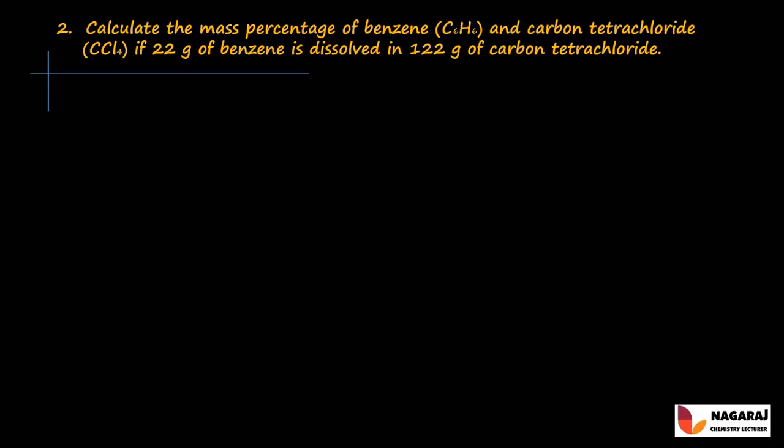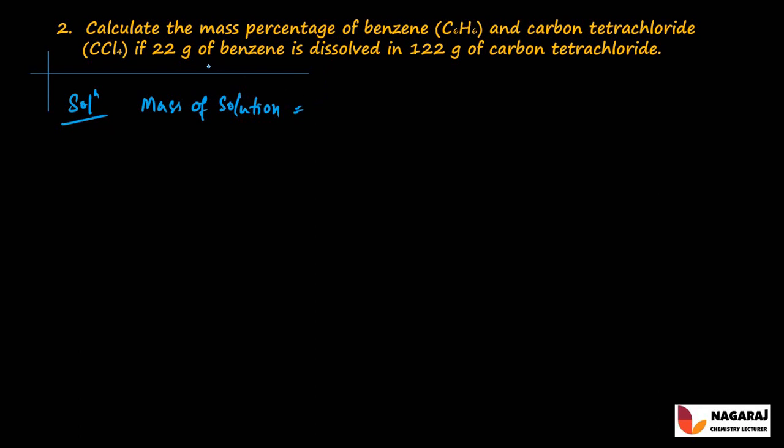Let us see how to calculate the mass percentage of benzene and carbon tetrachloride if 22 grams of benzene is dissolved in 122 grams of carbon tetrachloride. So we have to calculate the mass percentage of benzene and carbon tetrachloride. First we have to calculate the mass of the solution, which is the sum of the masses of solute and solvent.